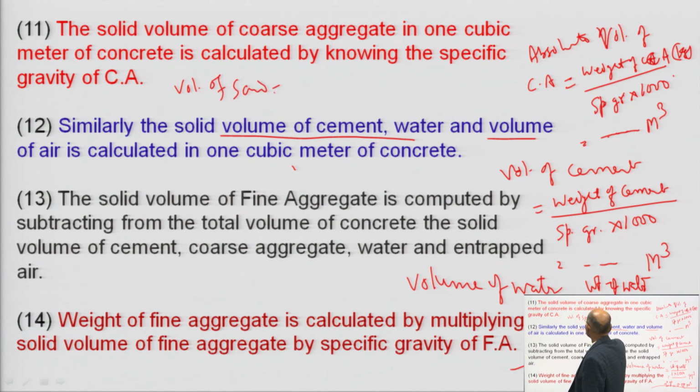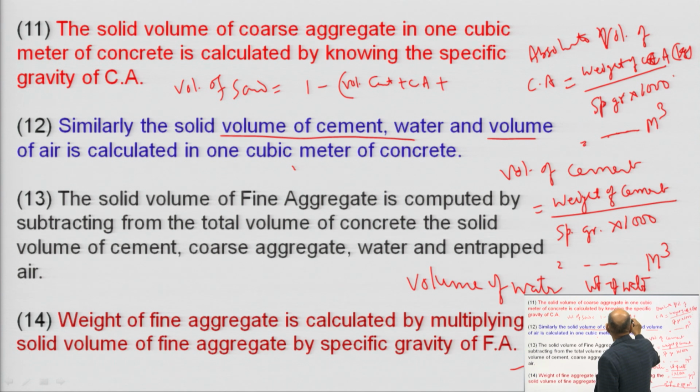That is nothing but 1 minus the volumes of cement, coarse aggregate, water, air, etc. Suppose admixture is there, that also you have to take.